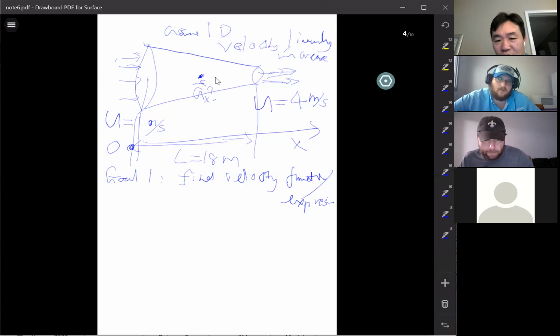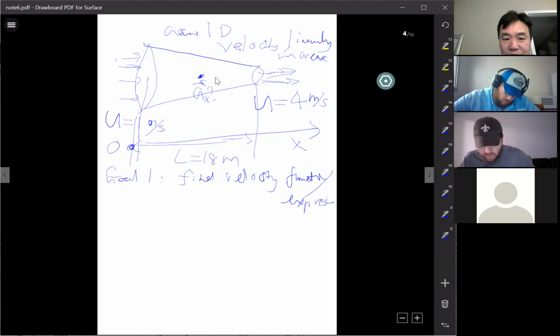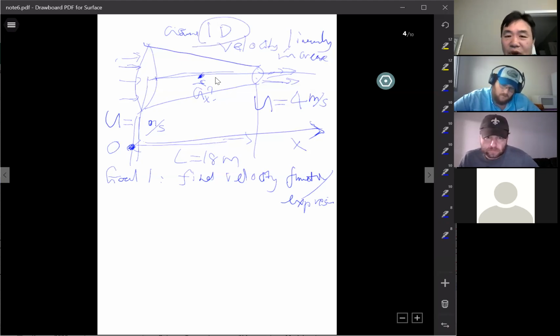Okay, x coordinate and the origin. Mark clearly on your paper: 0, origin, x coordinate. So every location along the center line here, you will have an x coordinate, right? Only 1D, this is a 1D. So I know my equation is not that difficult. So how to find the expression?